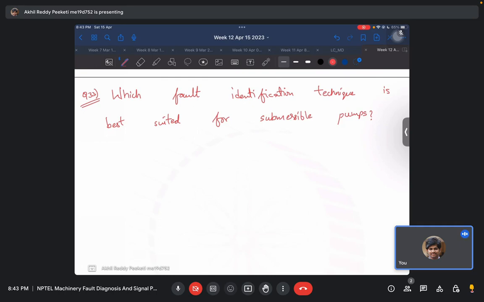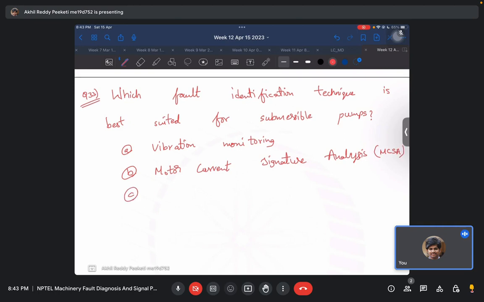Which fault identification technique is best suited for submersible pumps? A. Vibration monitoring device, B. motor current signature analysis, C. thermography, D. none.